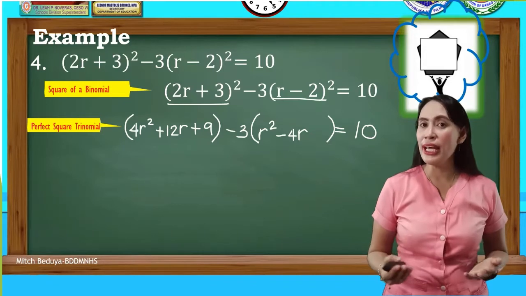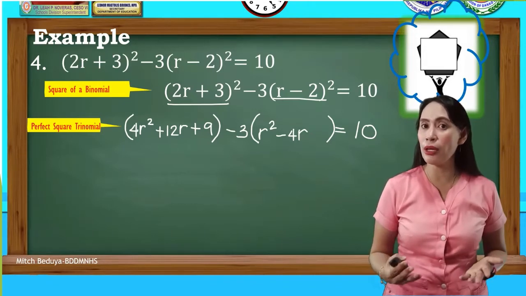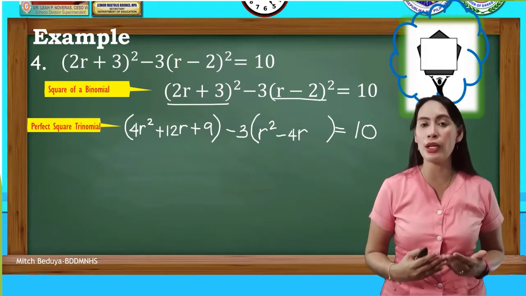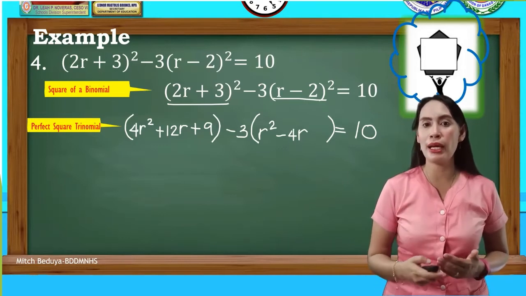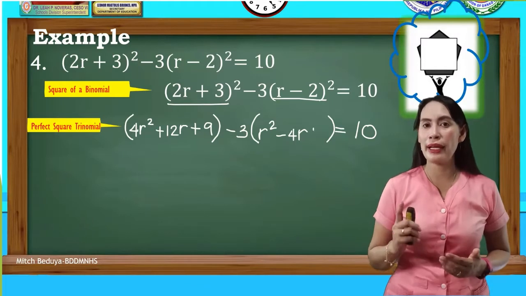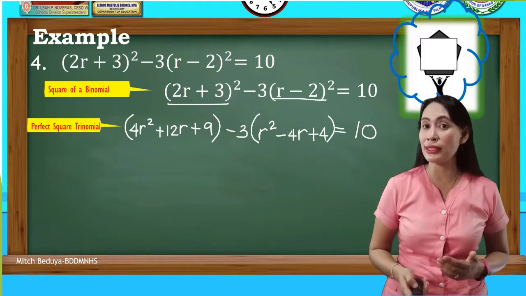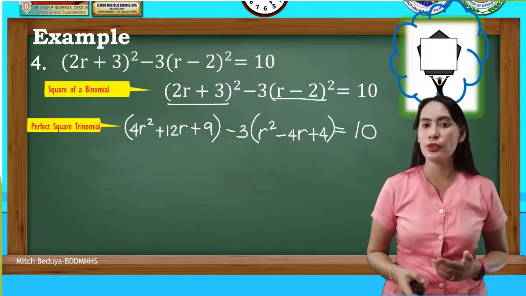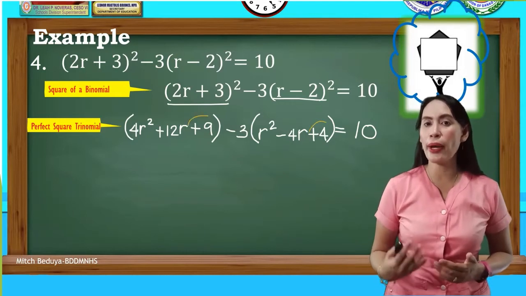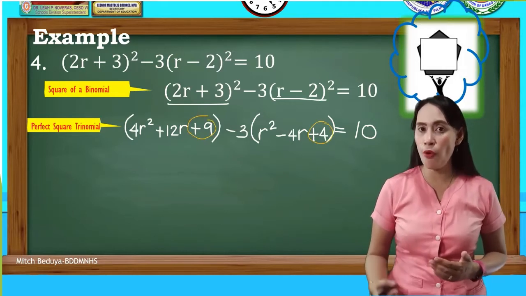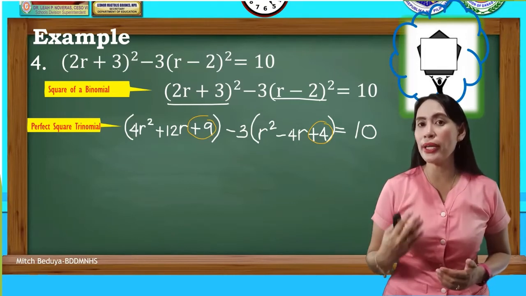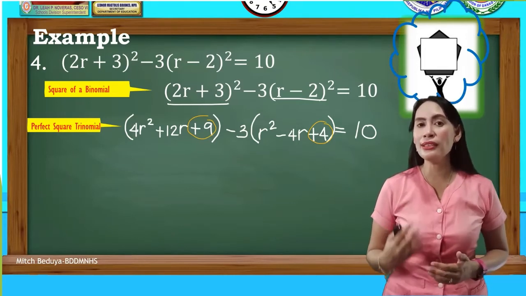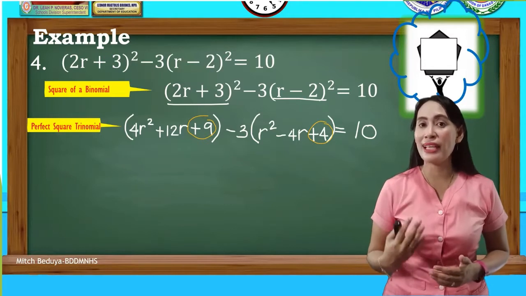Next, to obtain the last term, or the third term of the trinomial, we will multiply the last term of the binomial by itself. So negative 2 times negative 2, that is positive 4. So the expression becomes r squared minus 4r plus 4. Remember this, that in a perfect square trinomial, the last term is always positive.